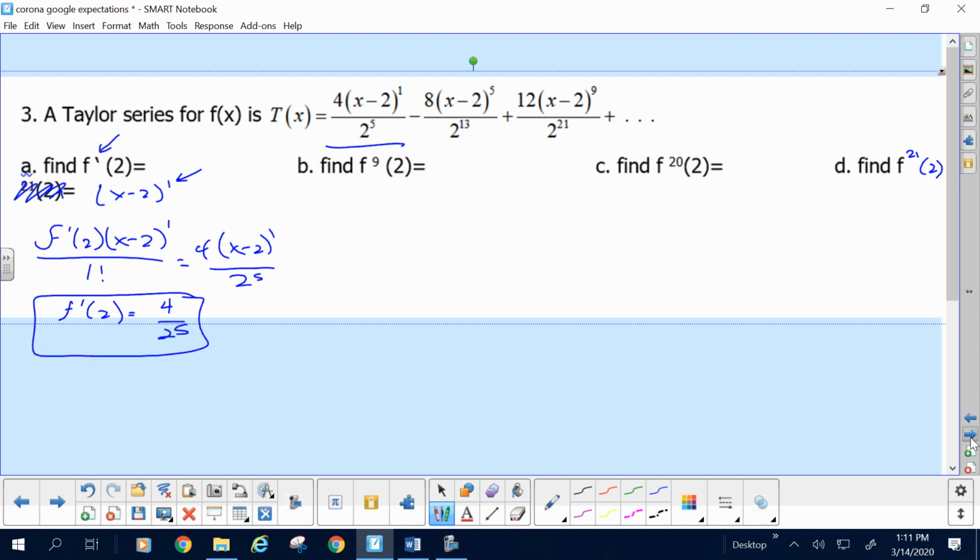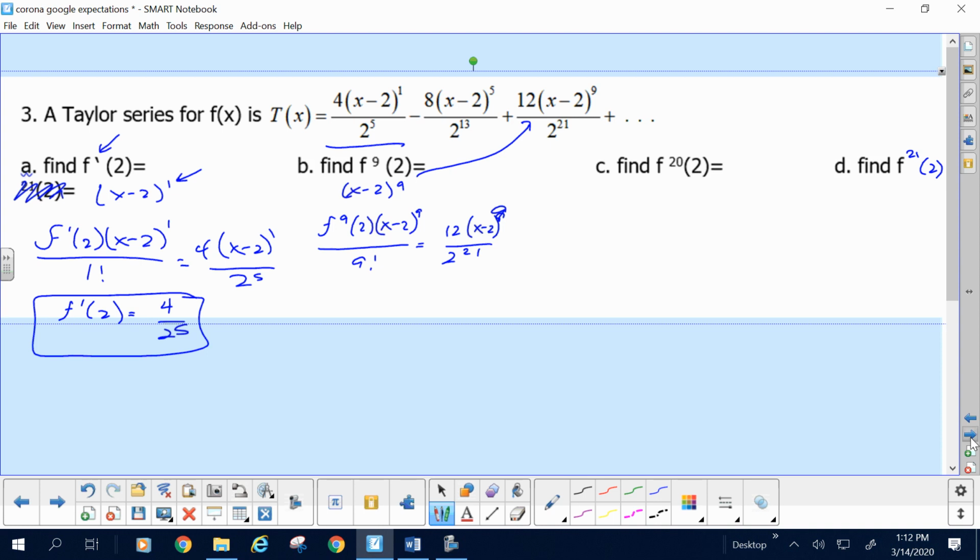All right. The ninth derivative, we're going to look at x minus 2 to the ninth, which is here. That implies that the ninth derivative at 2 times x minus 2 to the ninth over 9 factorial comes out to be 12 times x minus 2 to the ninth over 2 to the 21st.